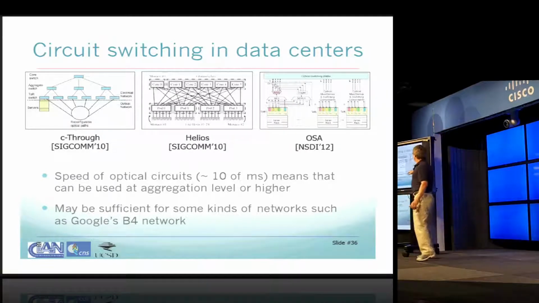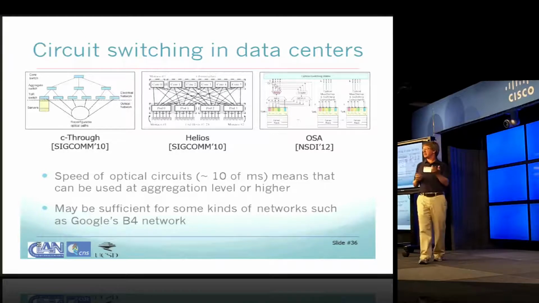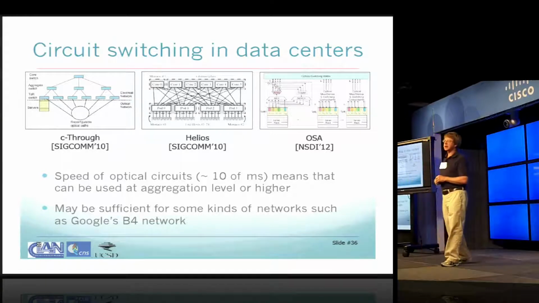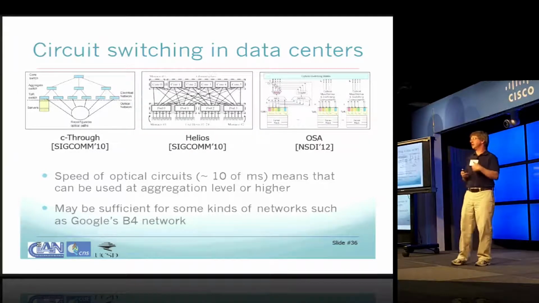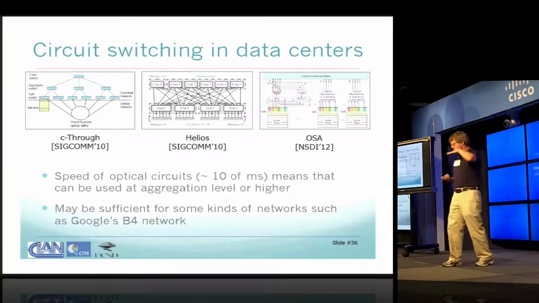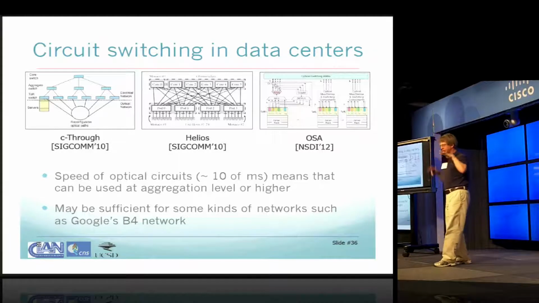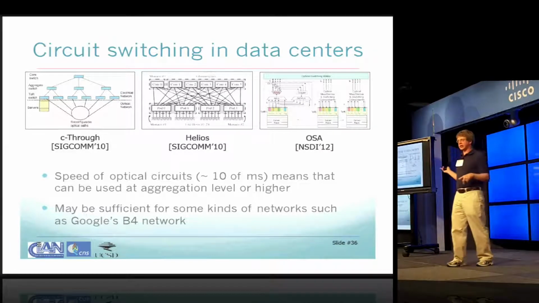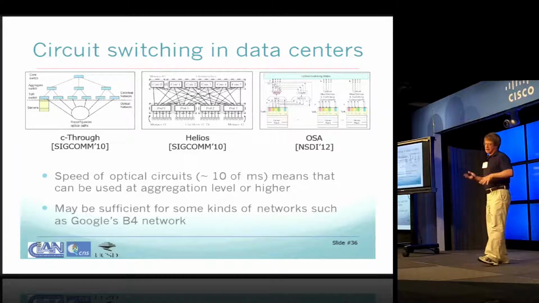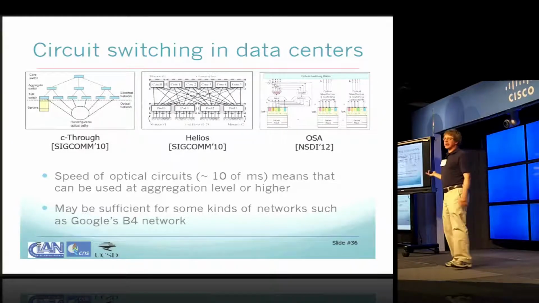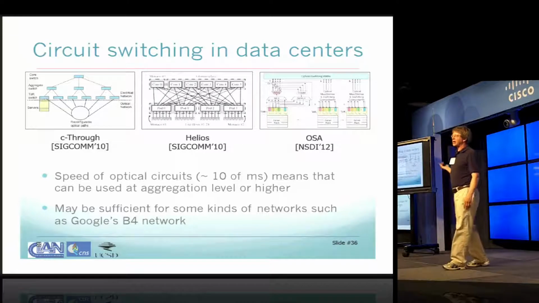And the key insight here is that you can't set these up and tear them down any faster than tens of milliseconds. And that then pushes you into a regime in the network that you must have your flows aggregated enough so that the burstiness of that matches the speed of the circuit switch, or this just isn't going to work. Meaning that if things are changing faster than 10 milliseconds, forget it. You just can't keep up with it.